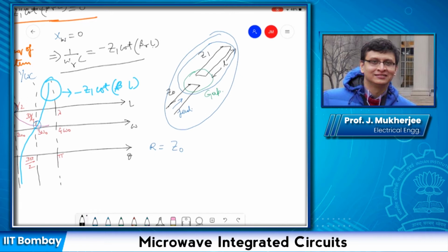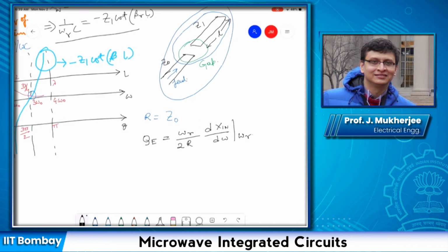Since the resonator itself is lossless, QU will be infinite. So the only Q that is finite is QE, and recall it is given by omega r upon 2R, d X in by d omega at omega r.